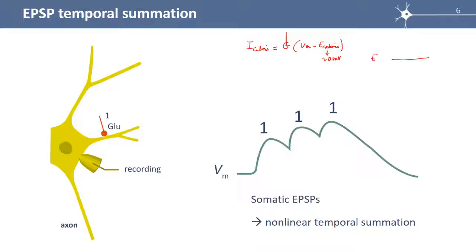If we put the equilibrium potential here, 0, and you have here the depolarization. When you depolarize more and more, you go closer to this equilibrium potential, and the driving force decreases. Therefore, the current is decreased and the amplitude of the resultant EPSP is decreased. This is the nonlinear temporal summation of EPSPs.